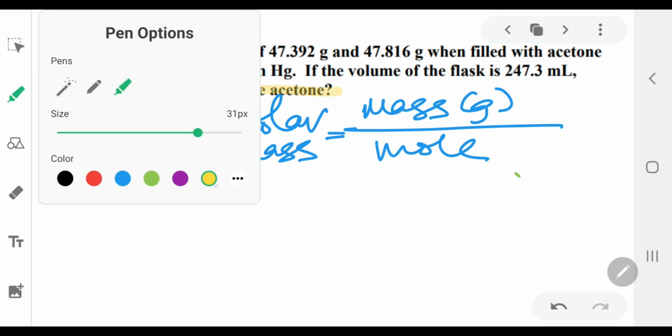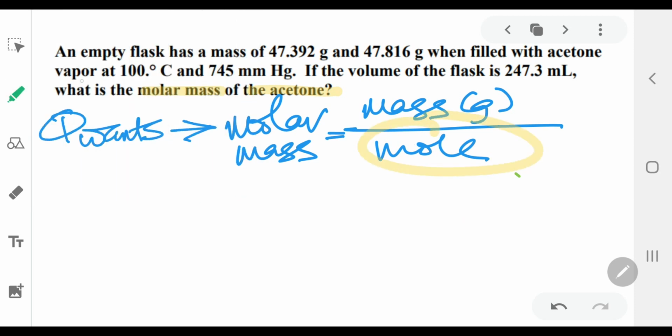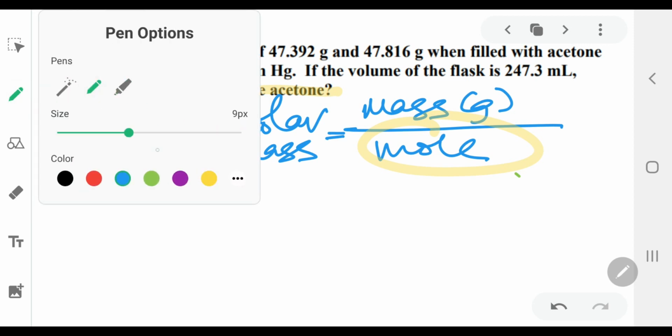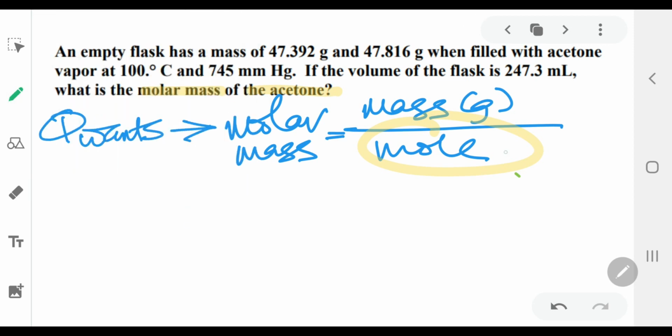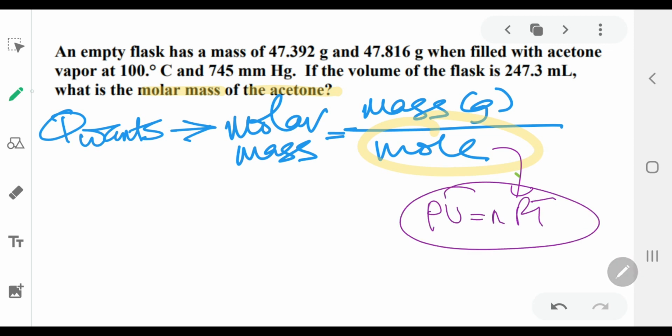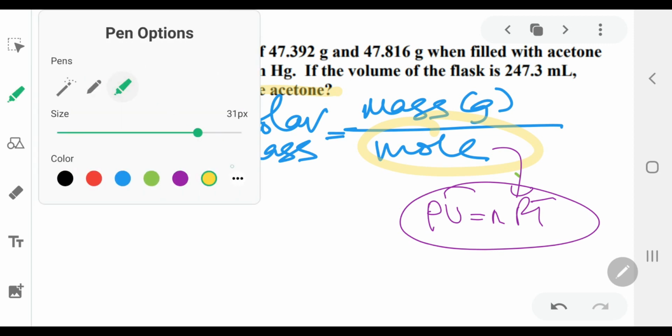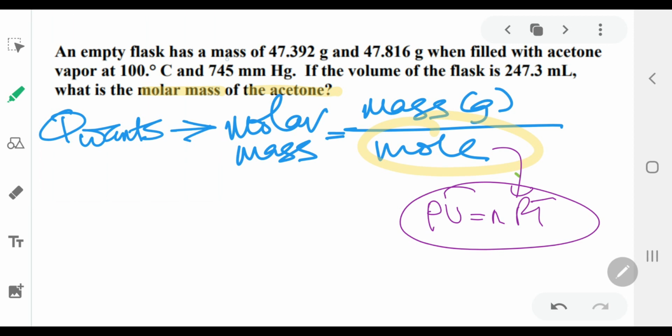To find mole over here, we need to use PV equals nRT. Do we have pressure? Yes, you have pressure right over there, 745. So that is your P.